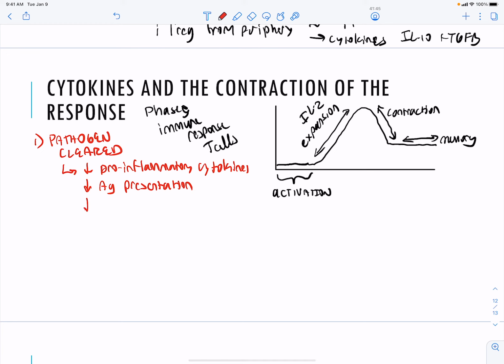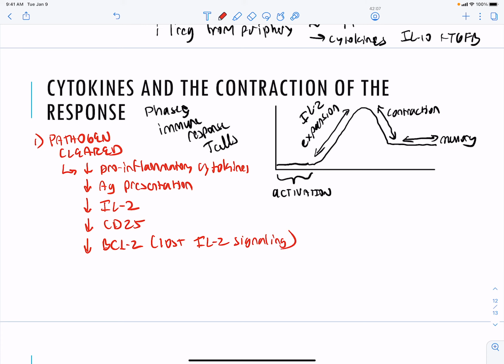It's going to lead to a decrease of IL-2, a decrease of CD25, which is the high affinity IL-2 alpha receptor portion, and a decrease of BCL2 because you lost IL-2 signaling. So you can't maintain that high BCL2, and it's going to lead to an increase of apoptosis. And that equals contraction. And then finally, your memory cells will survive.